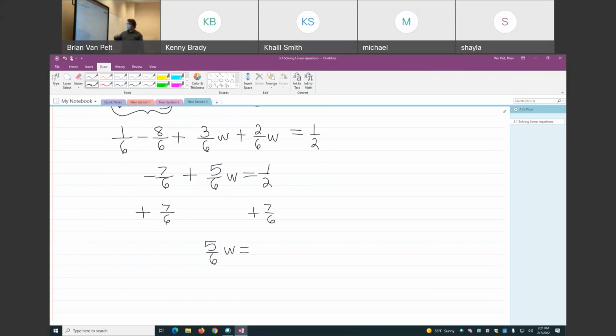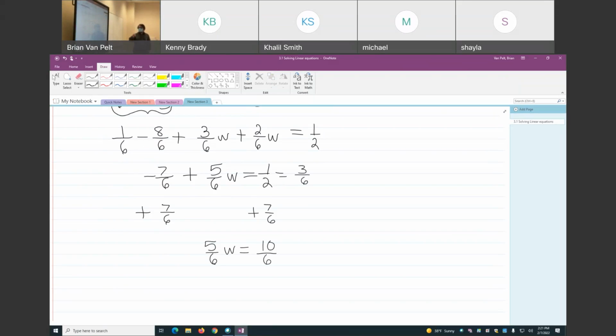What I've seen students do at this stage is sometimes write this equals 3/6. This way they can combine 3/6 and 7/6 to give them 10/6. Almost finished.